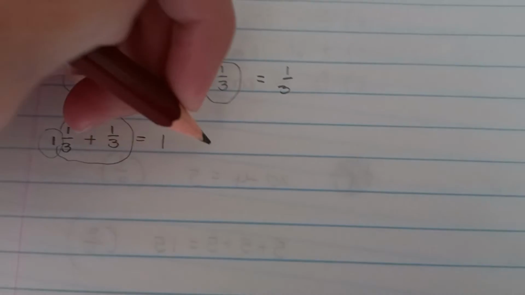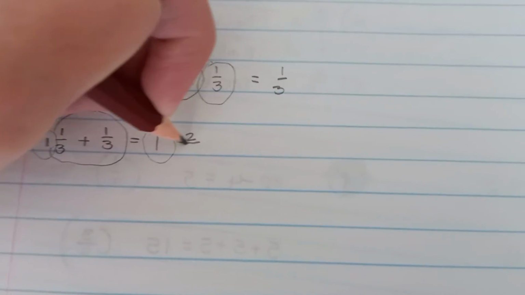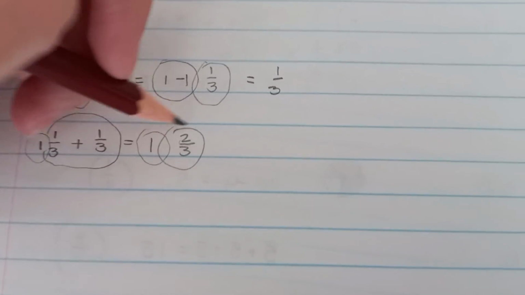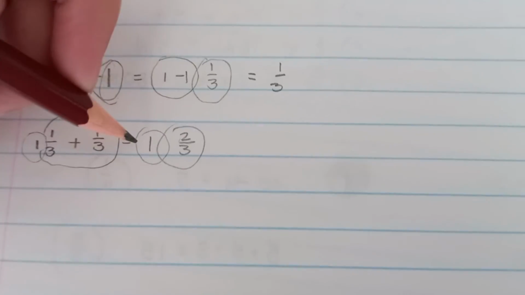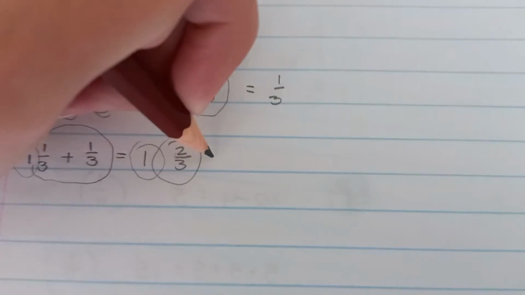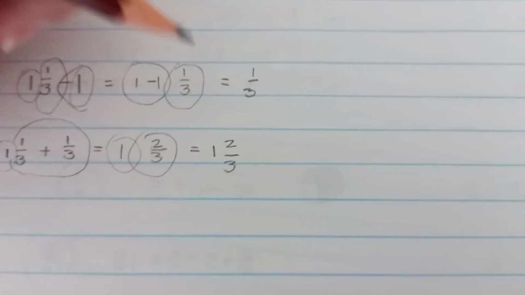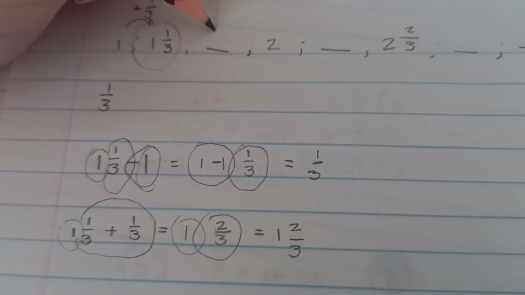The fractions will add. So the 1 will be in its bubble, then we'll have 2/3, which will be in its bubble. They stay the same. You can't mix them because they're two different species. So you're going to leave them, and your answer will be 1 and 2/3. So that's what you're going to write here.